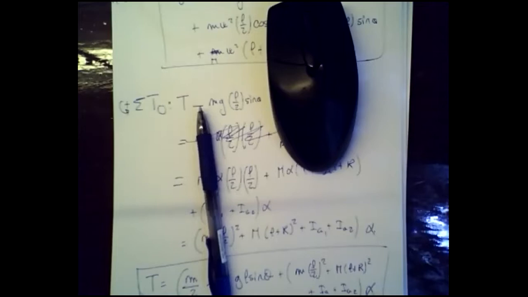Exactly. If it's not slipping, then it is rotating about the pivot at the ground. And there you can say AG is equal to alpha R, where R is the distance from the point.